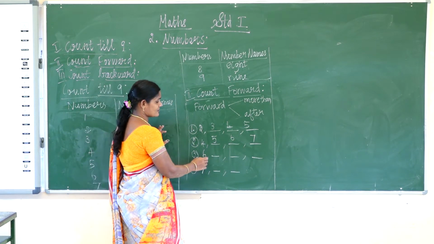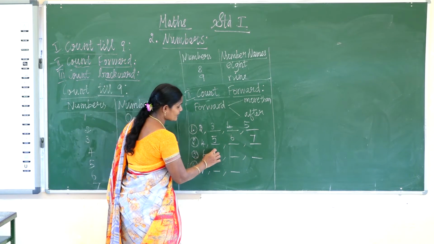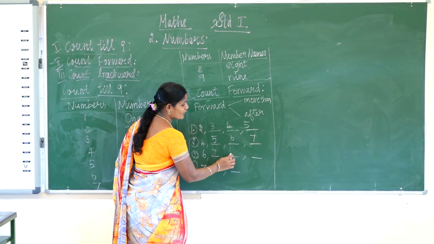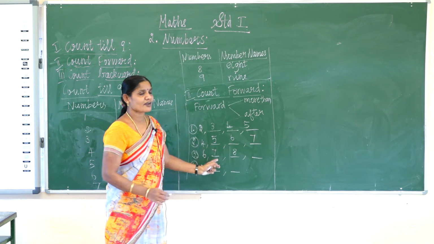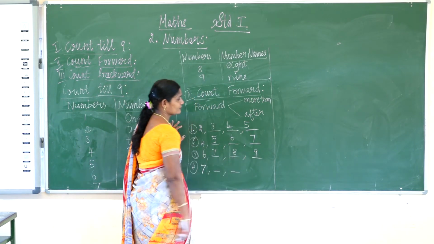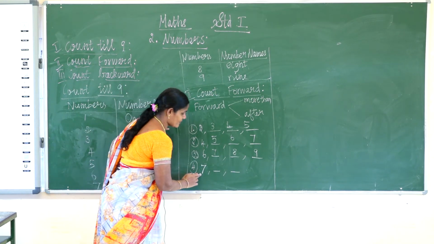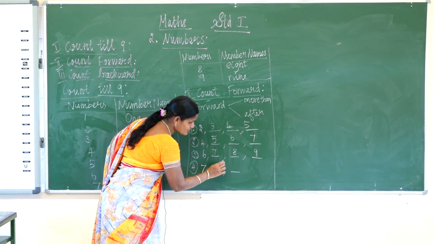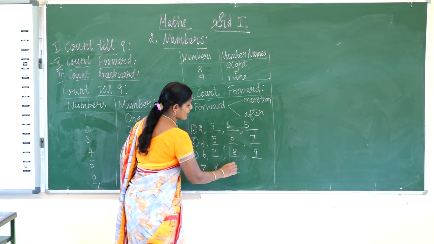6 more than 7. 7 more than 8. That means after the number you write, 8 more than 9. Then write the next one, 7. 7 more than 8. Then 8 more than 9.